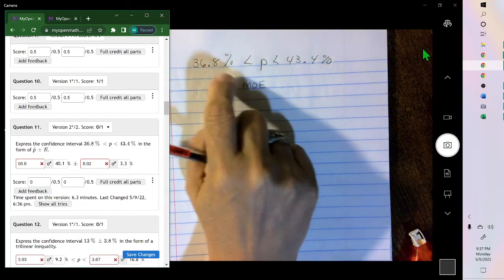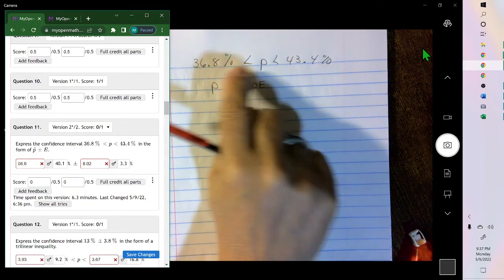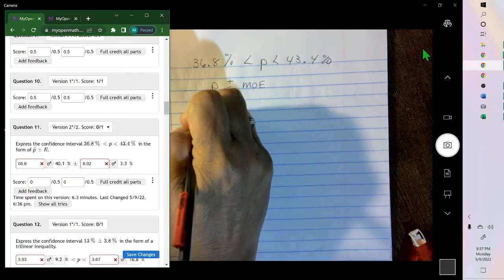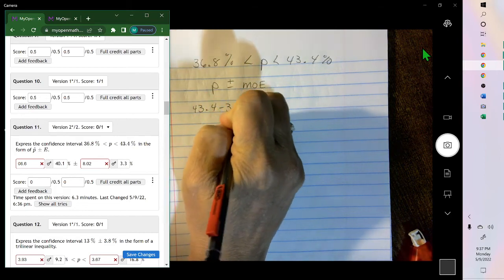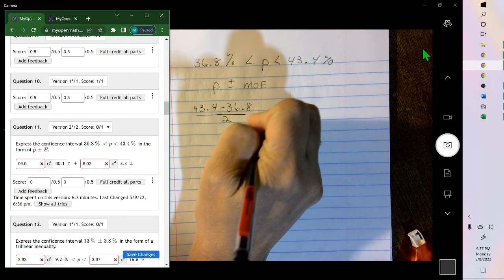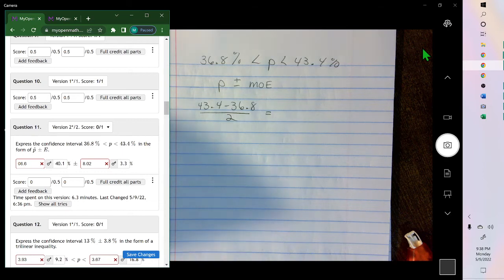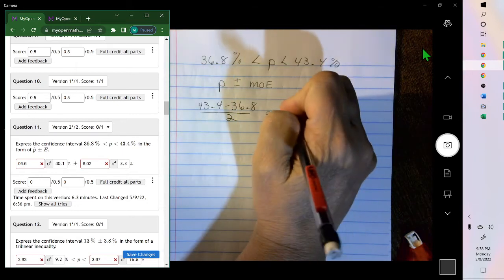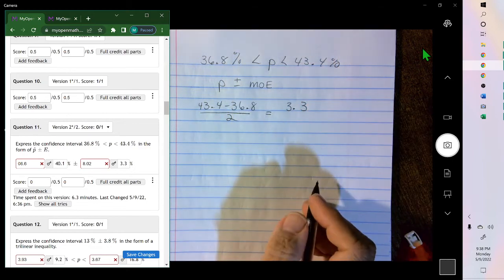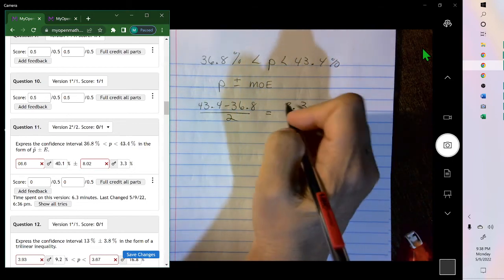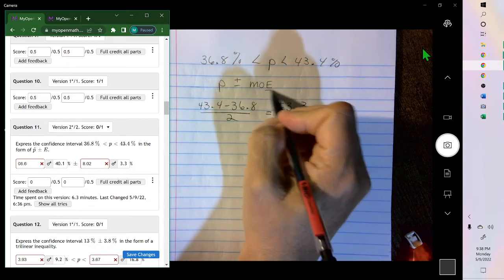To find the margin of error, we subtract these and divide by 2. So it would be 43.4 minus 36.8 divided by 2. So we get 3.3. That's our plus or minus part, the margin of error.